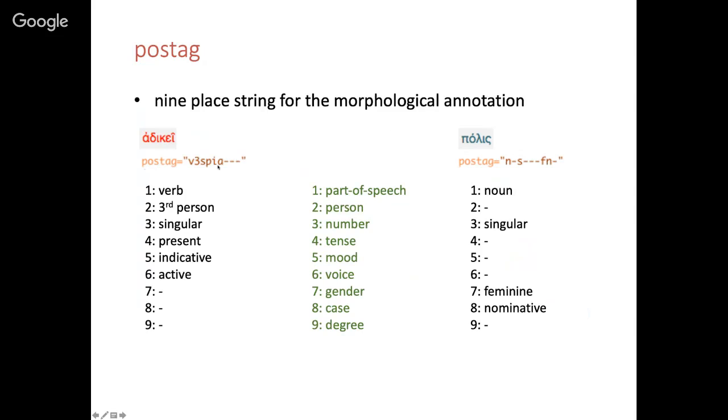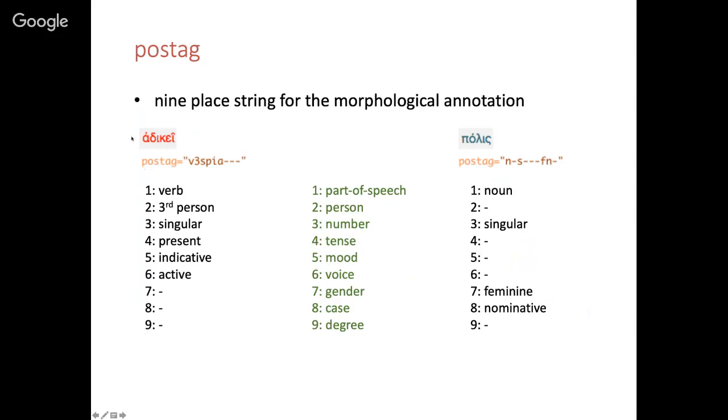So each part represents one of these items, and we have a set of letters or numbers that then tell what these elements are.